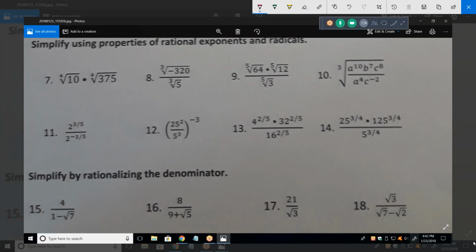Question is how do you know that? The key is always to know whether or not the fourth root of that number is a whole number. And in our case, it is. It's 5.